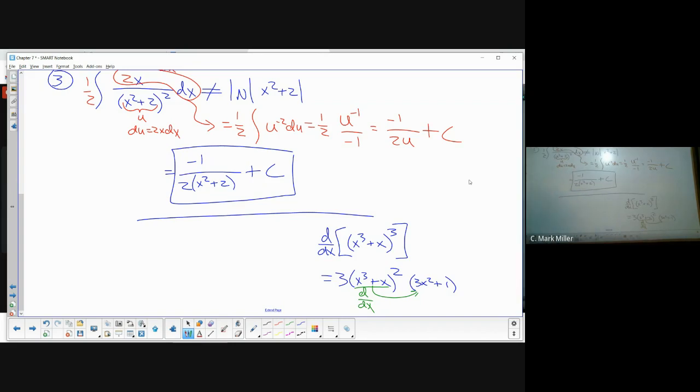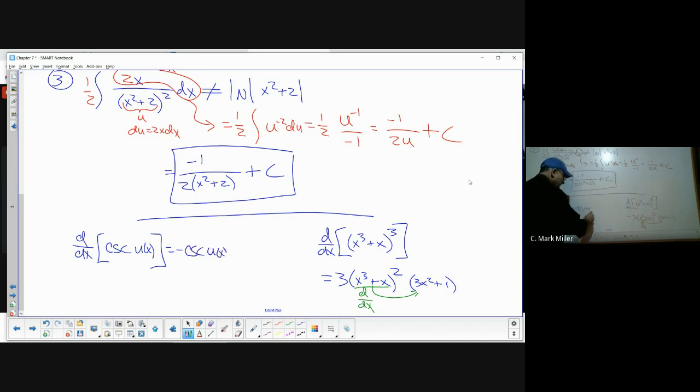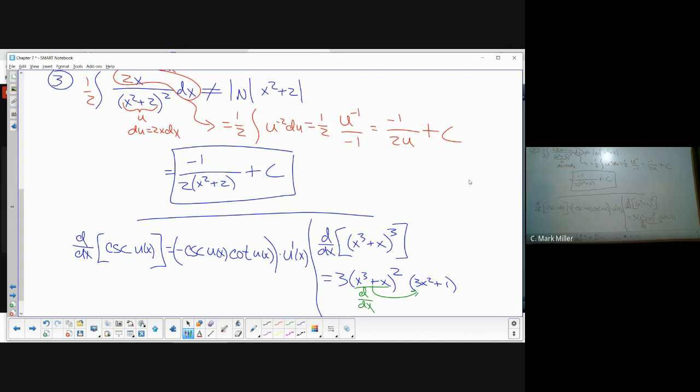Now, if it's cosecant of stuff, if I have d/dx of cosecant of, say, u of x, some function of x, that's going to be minus cosecant u of x, cotangent u of x, all times u prime of x. And that's what's on that sheet.